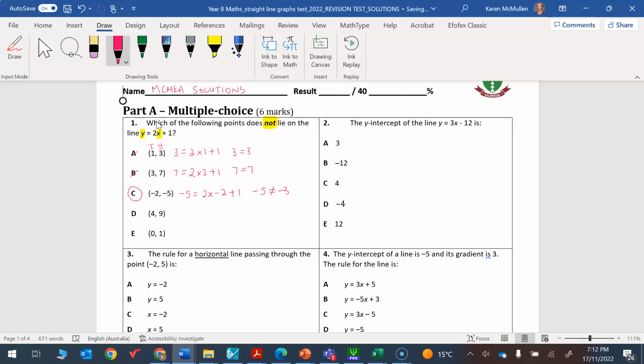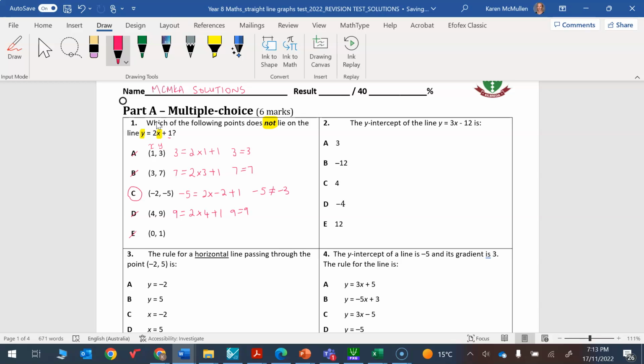So C does not lie on the line. And then you could do the others to check if you wanted to. So let's do a quick check. I can already see that this one is going to be on the line because 9 is equal to 9. And then the last one is actually our y-intercept, so it can't be that one either. So your answer for that is C.